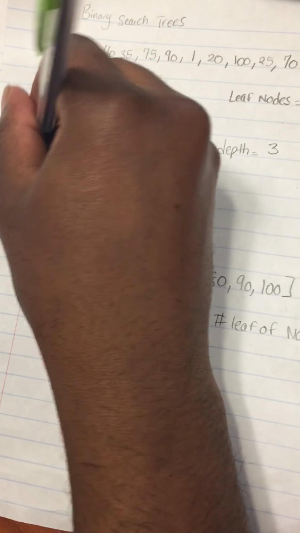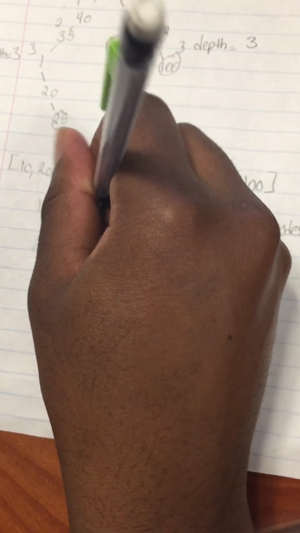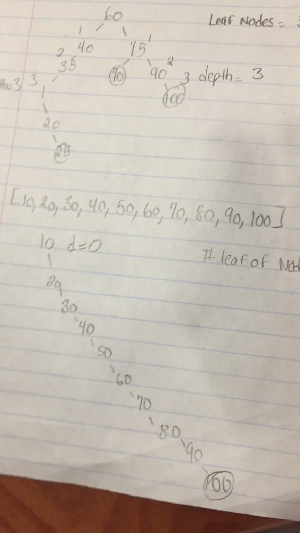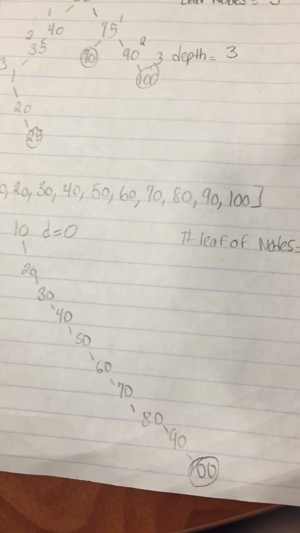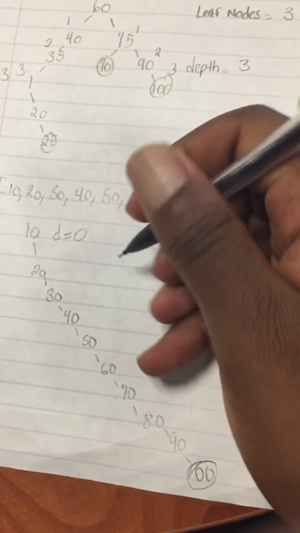Depth would be 3. Going down to this one, the depth would equal 0. Well, for this one, there would be no leftmost node. There's only going to be a rightmost node.